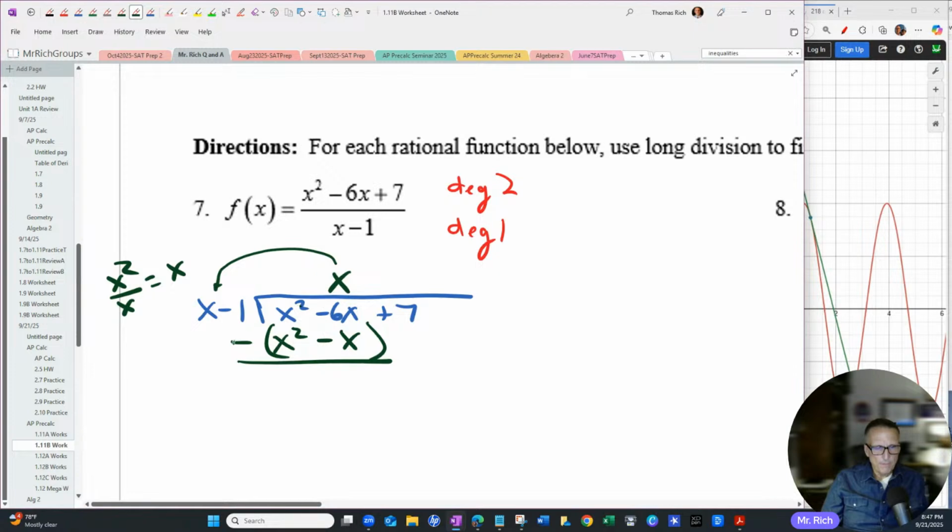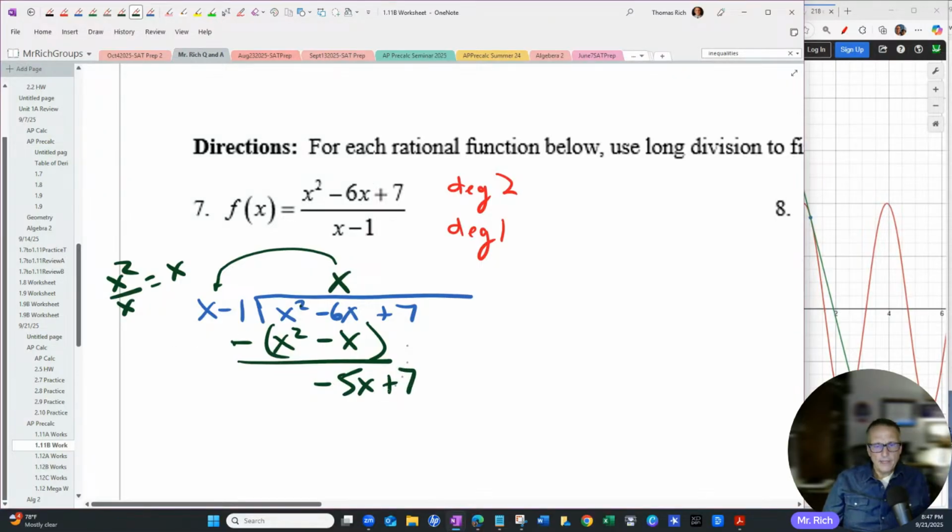Well, x squared minus x squared is 0. Negative 6x minus a negative x would be the same as negative 6x plus x, right? Minus a negative turns it to a plus. So this ends up being negative 5x. We bring the next term down, 7, and we repeat the process.